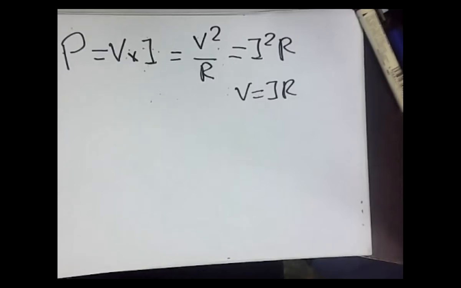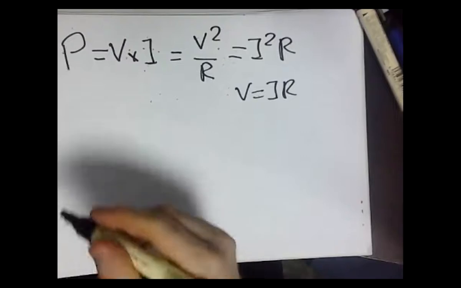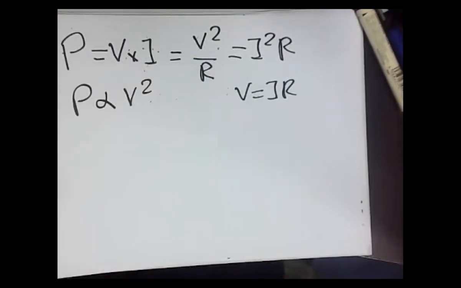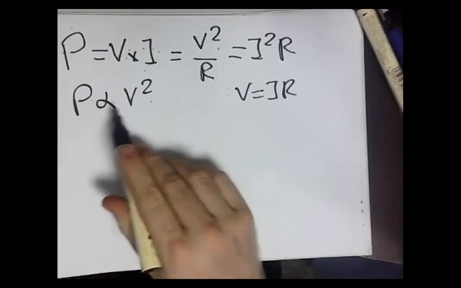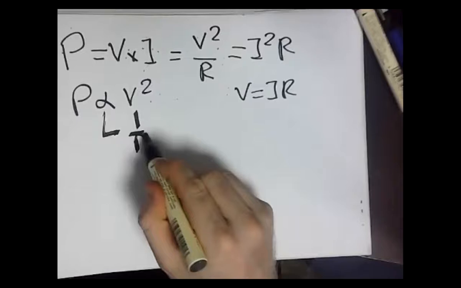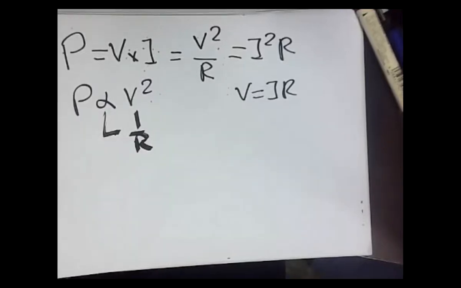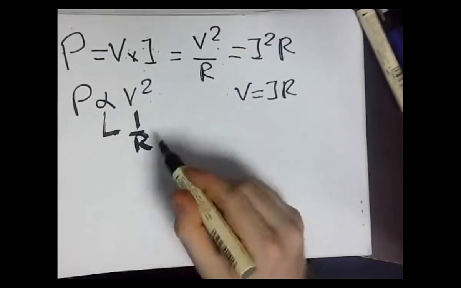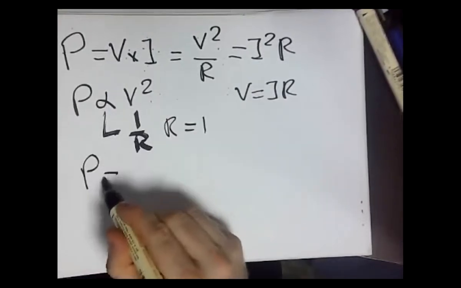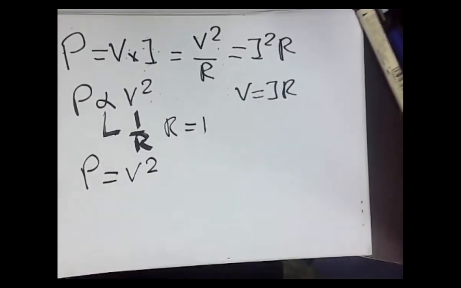So in order to make life easy, we can say that power is directly proportional to the voltage squared, where the proportionality constant is simply 1 over R. If we assume a unit resistance, R equals 1, power is simply equal to V squared. So usually in communications, my dear students, we just use power equal to V squared, assuming that R equals 1.